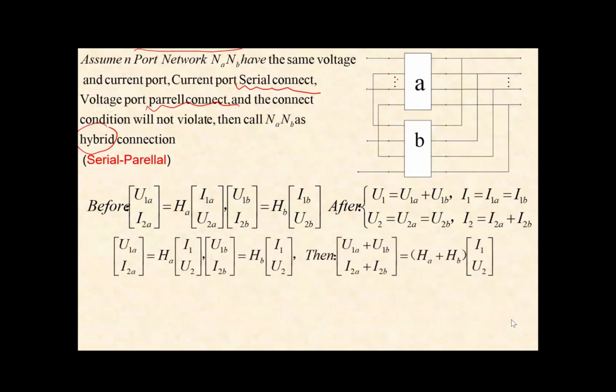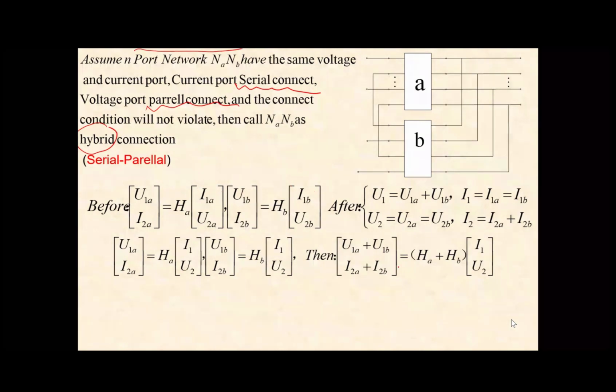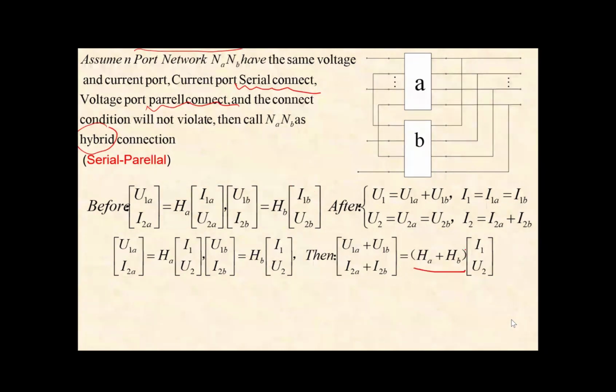For the serial connect, the current will be the same. For the parallel connect, the voltage will be the same. So we just add the hybrid parameters, then it will be okay. Serial connect, this is the same. Parallel connect, this is the same.